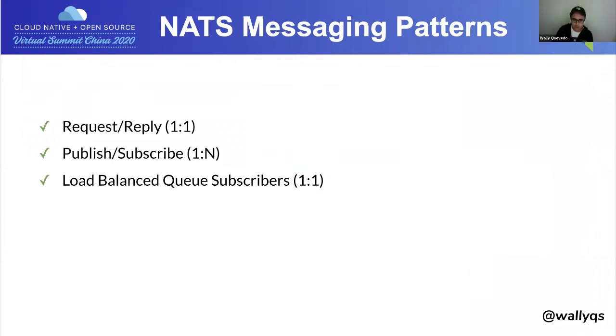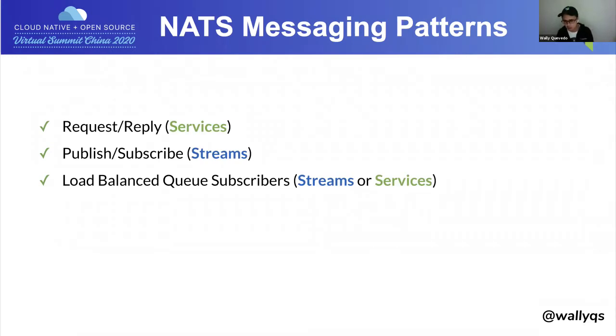So those are still at the API level when we talk about request reply and publish and subscribe. But when we're talking about the architecture of the system, it helps having higher level abstractions. In this case, whenever we talk about sending a request and expecting a response, what we're talking about is a service.